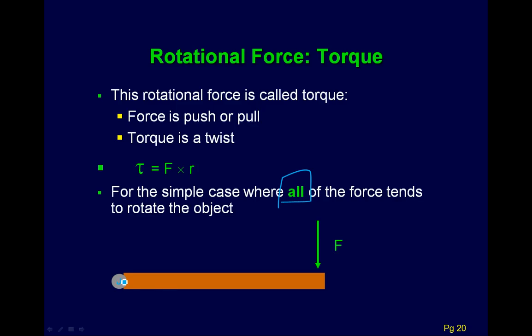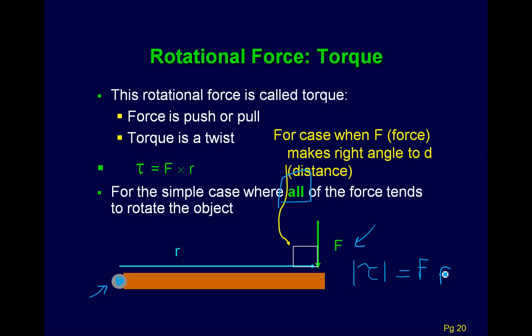So here, if this is the hinge of the door again over here, and you're pushing with some force and all of your force tends to rotate the object, then the magnitude of your torque is just going to be that force times that R. And this is again for the case where the force makes a right angle to your distance R. And so in this case, maybe if the force was 10 newtons and that distance was 2 meters, it would be 20 newton meters. So torque is going to have units of newton meters.